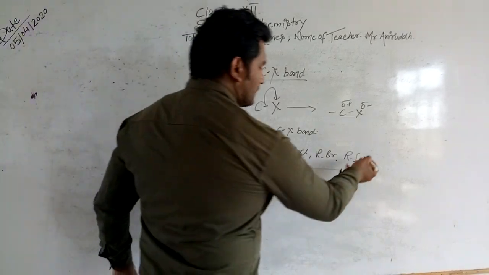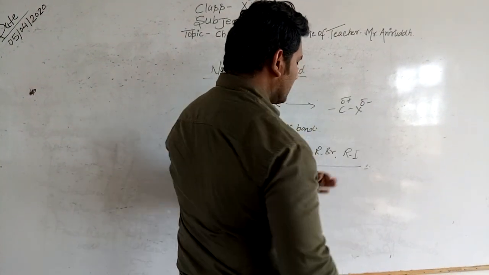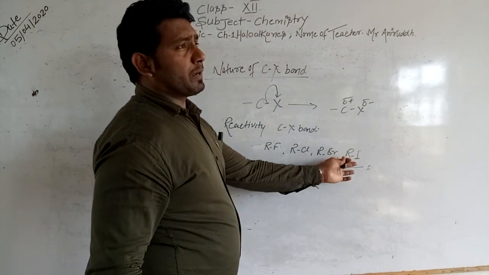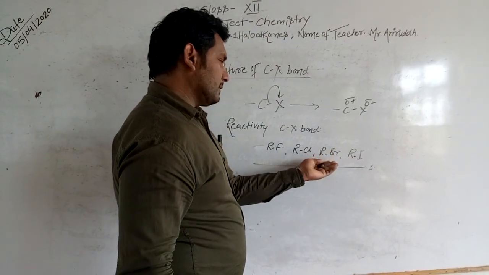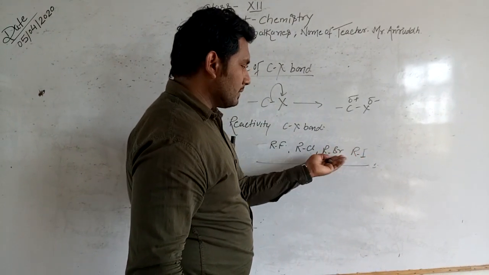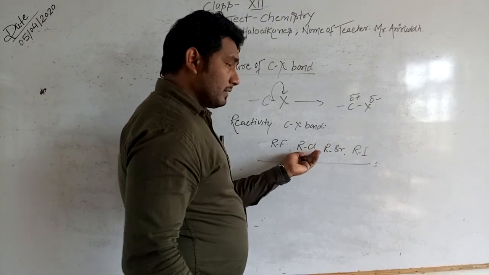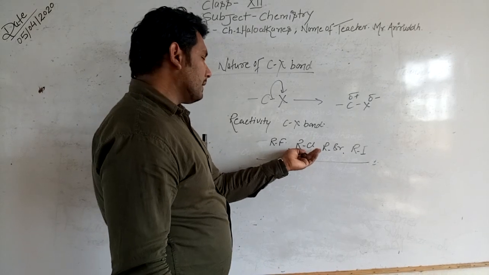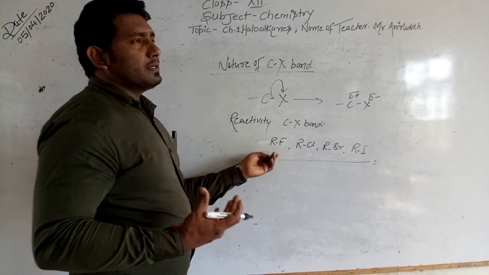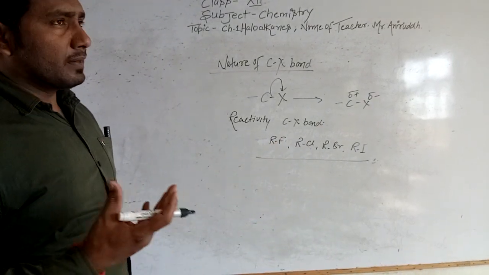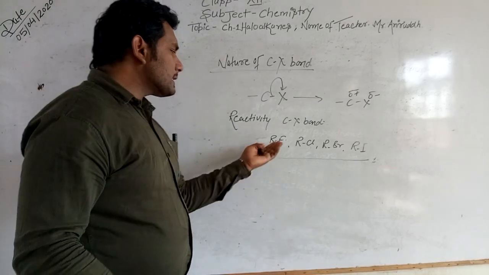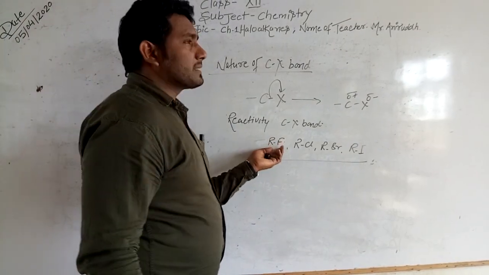Because the size of the halogen atom in the case of iodine is larger, compared to iodine, bromine is smaller, and chlorine is much smaller, and this is the small atomic size.